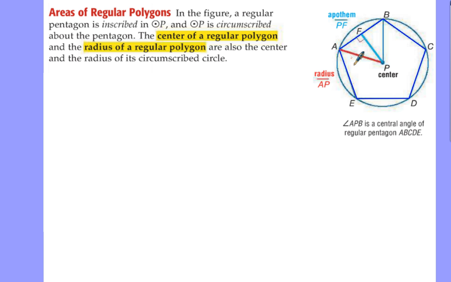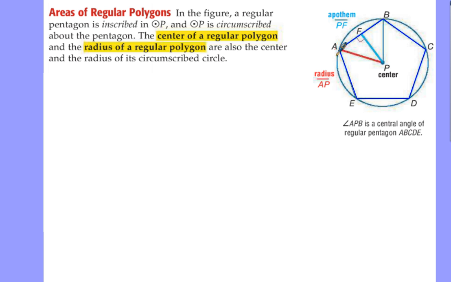The radius of that particular circle connects to the center of the circle, and it becomes a radius, in a sense, of the polygon as well. So it's kind of a radius of the circle, but also kind of a radius of the polygon, because it goes from its center to one of the vertices.